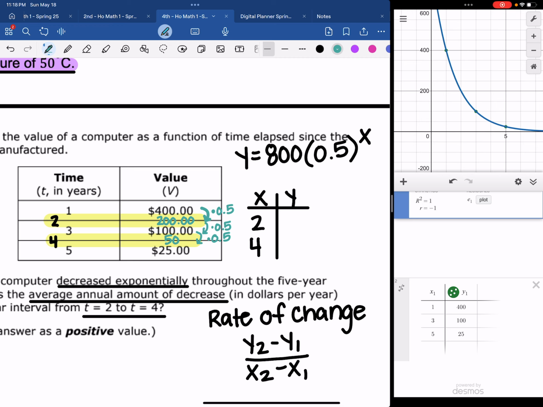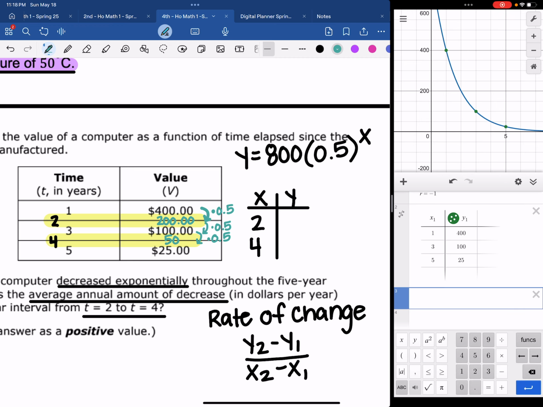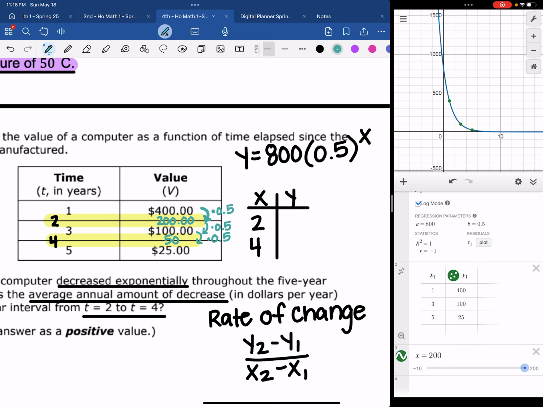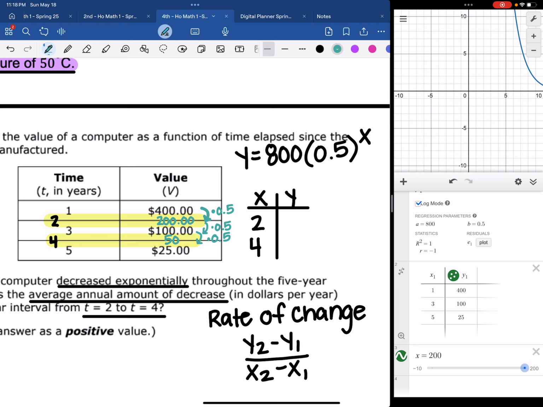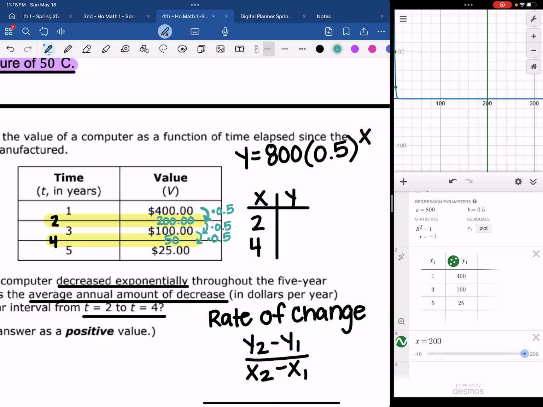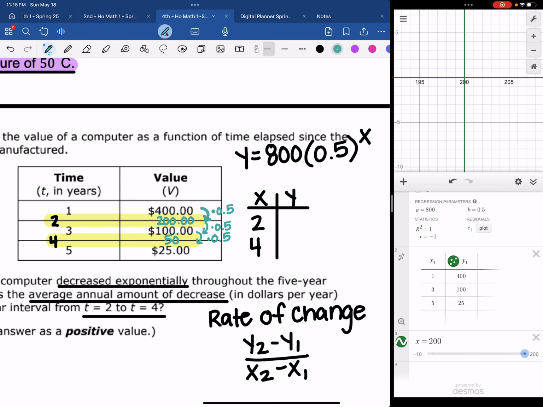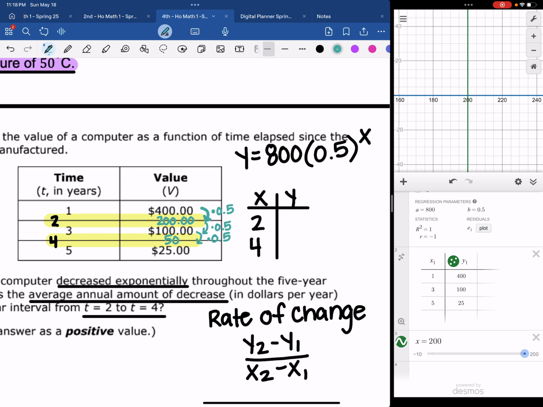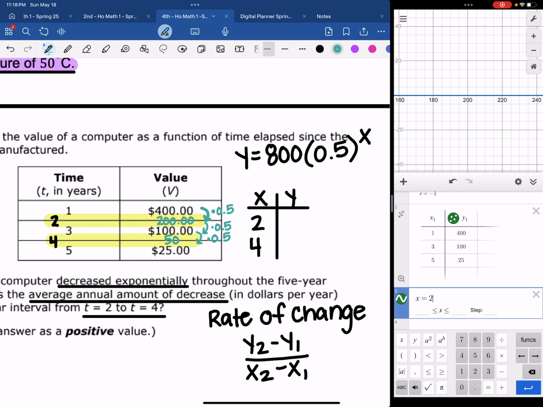Or I could use my graph to my advantage. I know I'm looking for the x value of 2. I'm sorry, not 200, the x value of 2.